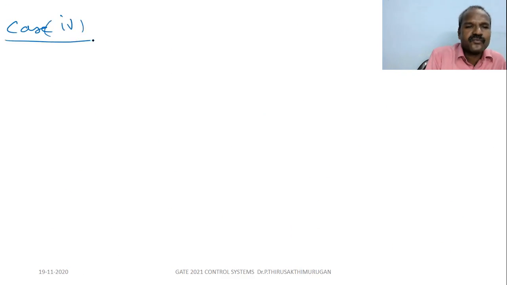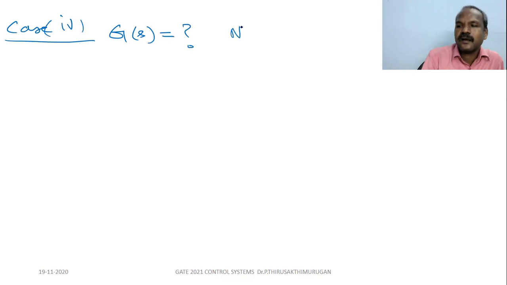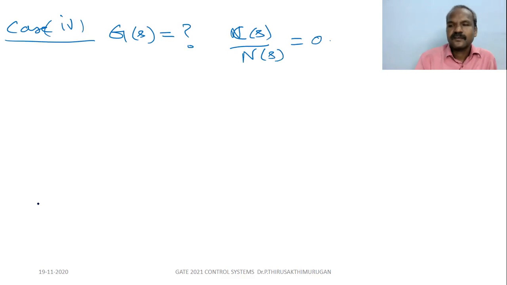So for case 4, we have to find g of s so that c of s by n of s is equal to 0. Clear?